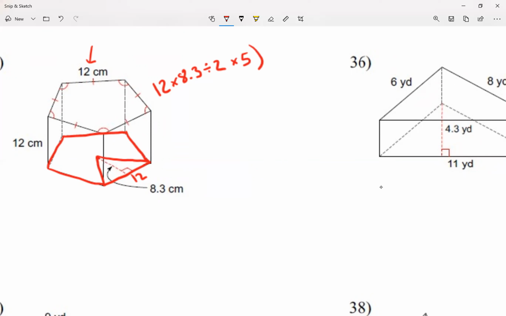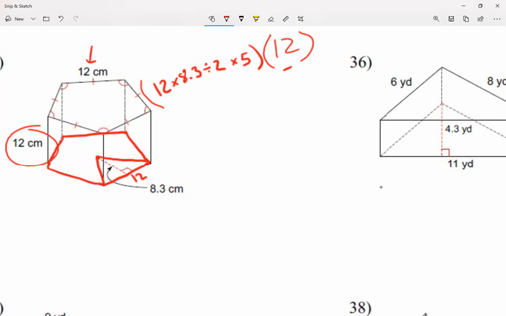All of this, I'm going to type on my calculator. All of this is my area of the base. Whatever I get here, I'm going to multiply by 12. That's the height. So I'm going to go area of the base times the height: 12 times 8.3 divided by 2 times 5 times 12.